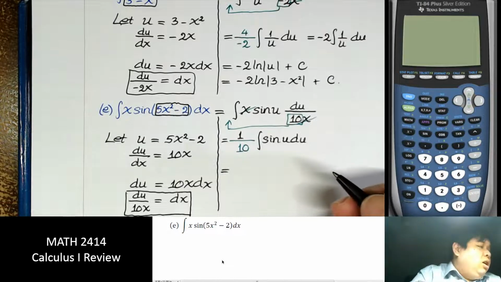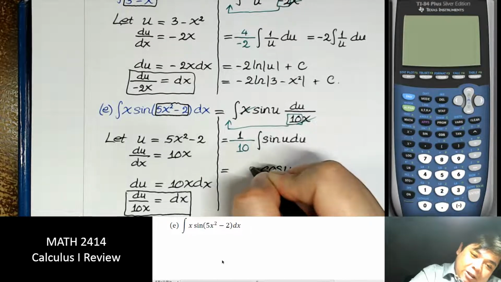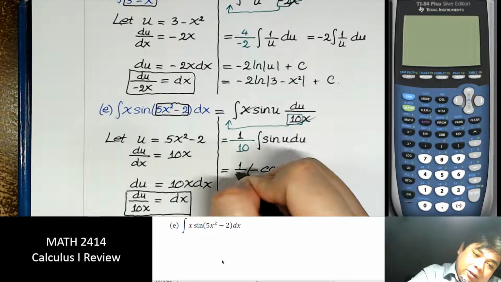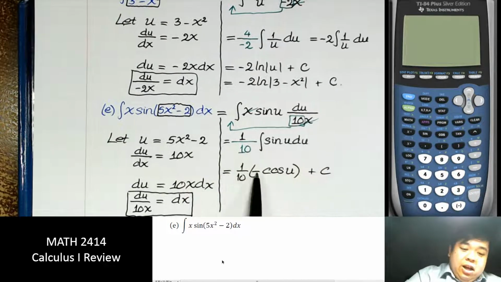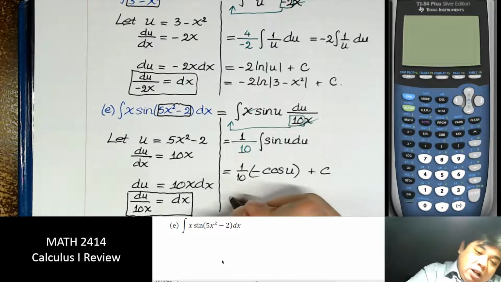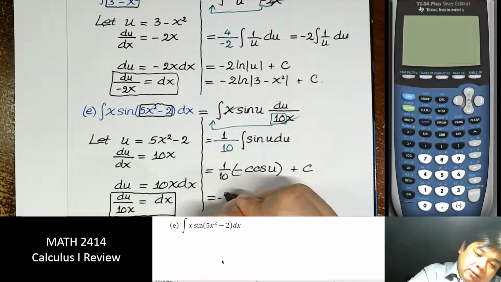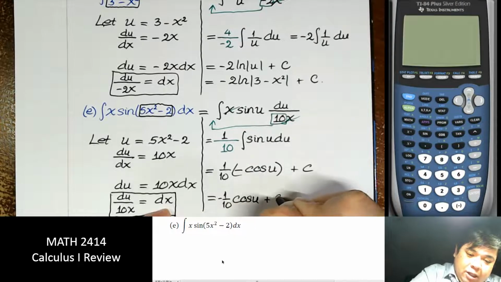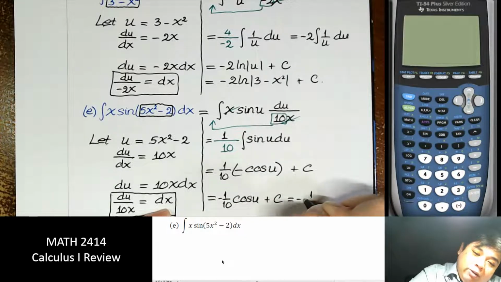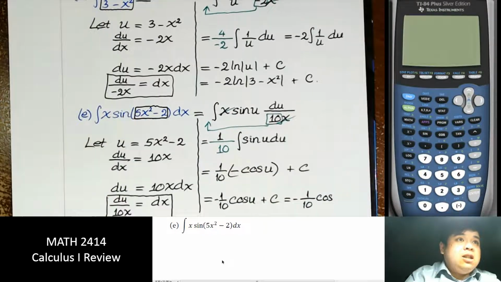Right. Integral of sine is negative cosine, right? And then the negative times 1/10, so that's negative 1/10 cosine of u plus c, and negative 1 over 10 cosine, and u is going to be that.